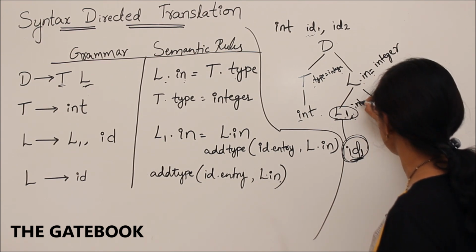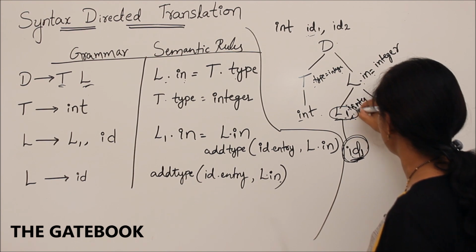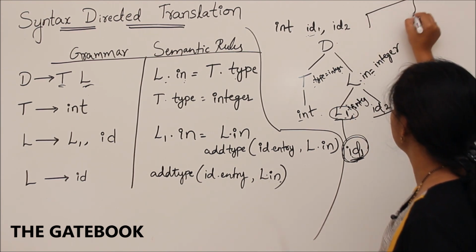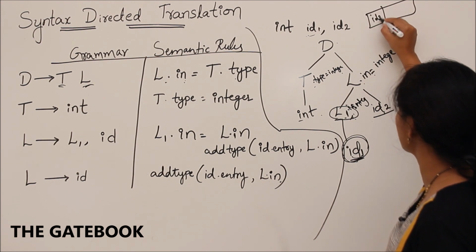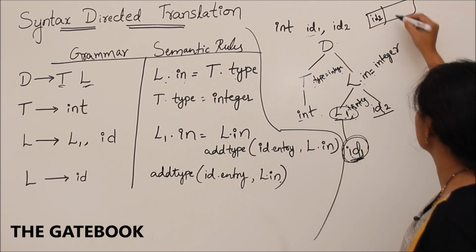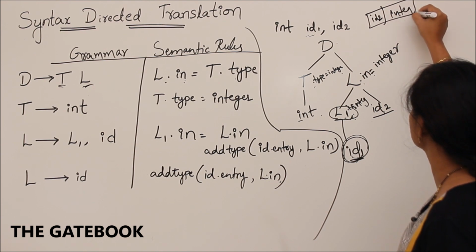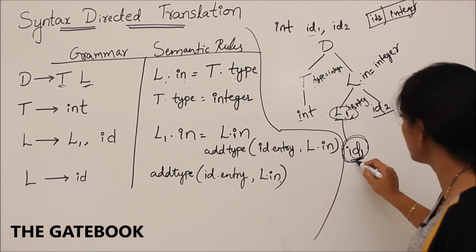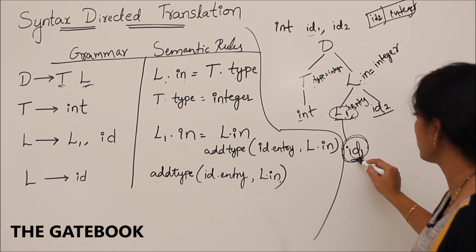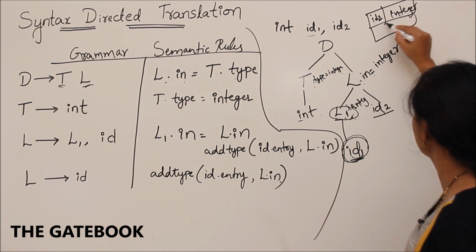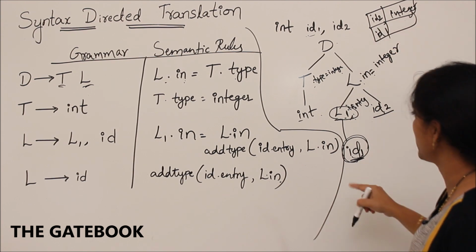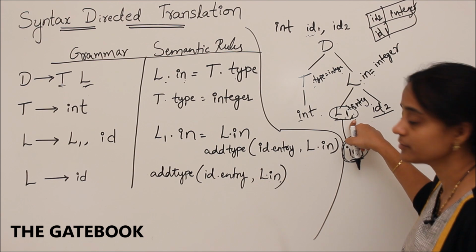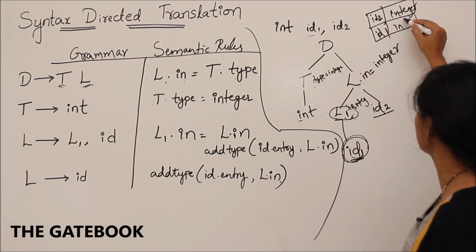So we add integer for this inherited attribute, and we add an entry for identifier 2 in the symbol table with this inherited attribute value, right? And now we come to ID1. For ID1 we add an entry, and the type of this will be the inherited attribute of this, that is nothing but integer.